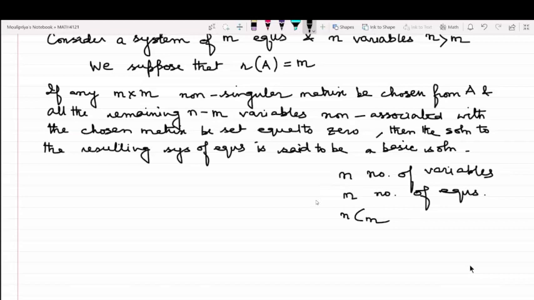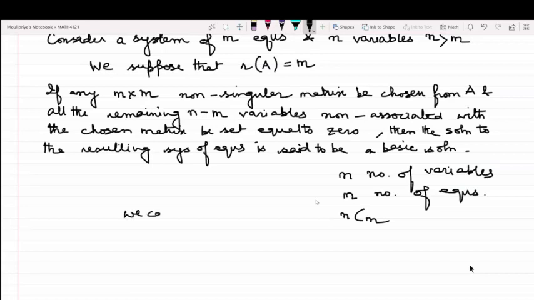Okay, that implies we are able to choose m cross m square matrices, rather not only non-singular, in nCm ways, right?